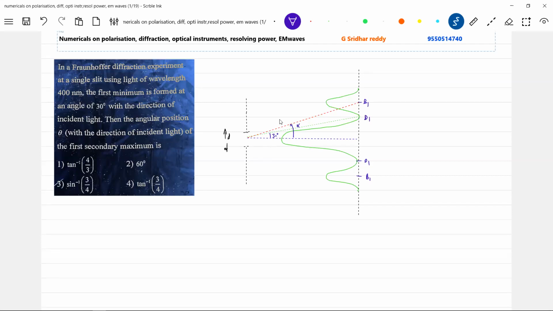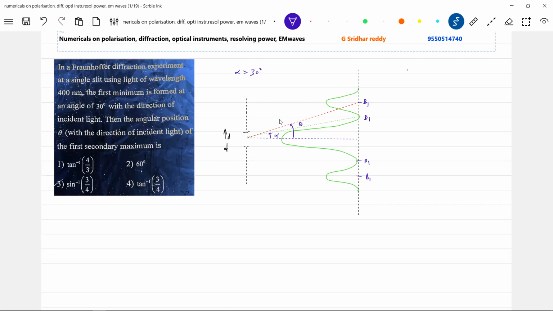Then the angular position of the first secondary maxima. I'll call this theta. This is alpha. Alpha is given as 30 degrees. So what is d sine alpha?